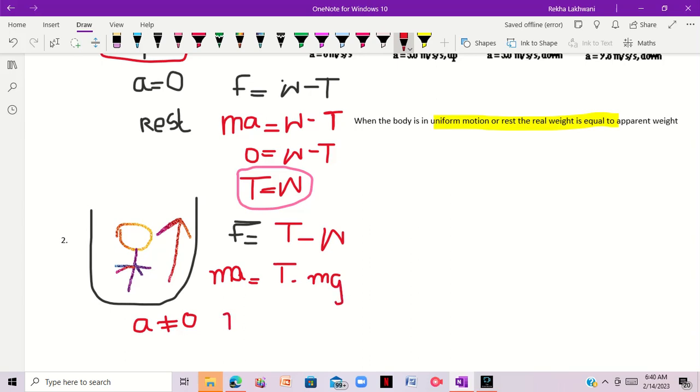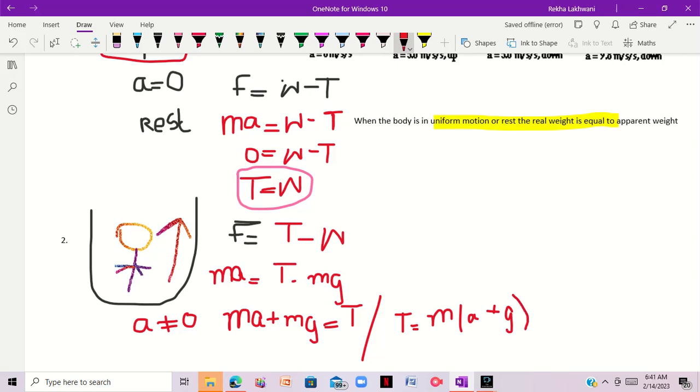Now this ma will go there and it will be ma plus mg is equal to tension. Then we take mass common, so tension will be equal to m(a + g), right?